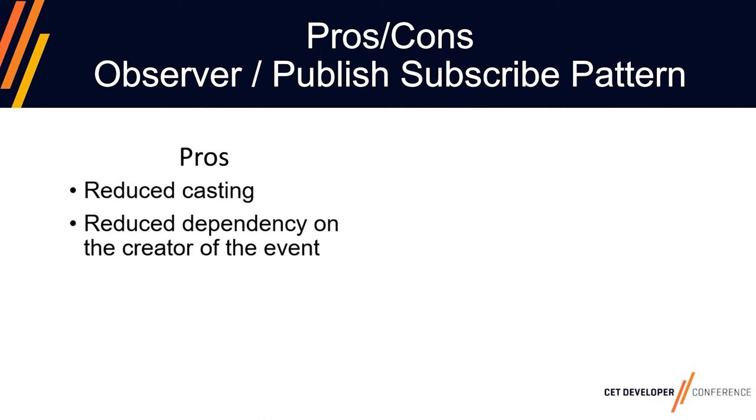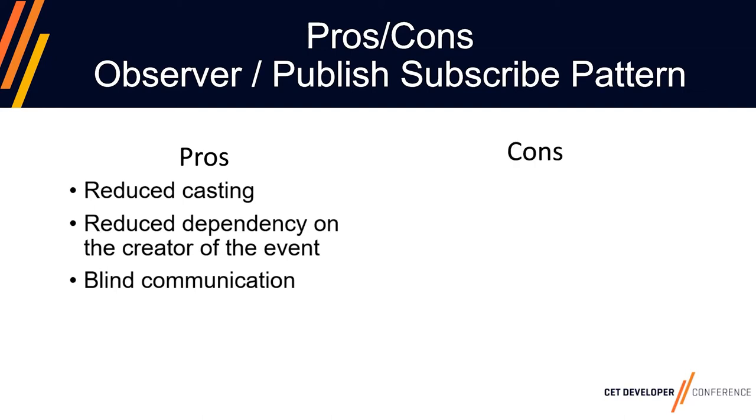They can just say, I am subscribing to any width change events you have, and as long as the subject snapper is sending out those width change events, then it knows that it can do what it needs to do. We also receive blind communication here, which further extends that reduced casting, in that no specific object needs to know about any other object in this system.